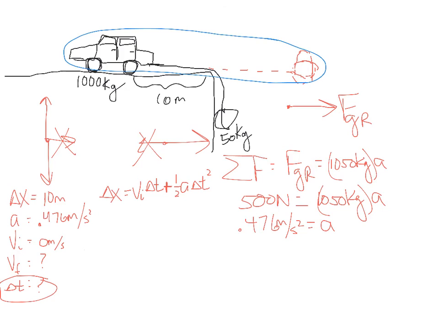Now you just plug the stuff in. We know that it's 10 meters. We know that VI is 0, so that whole thing goes away. And we know 1/2, and we know that it's 0.476 meters per second squared, and we know that we're looking for the delta T. Don't forget that you squared that.